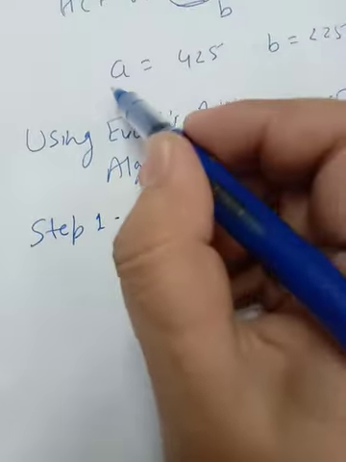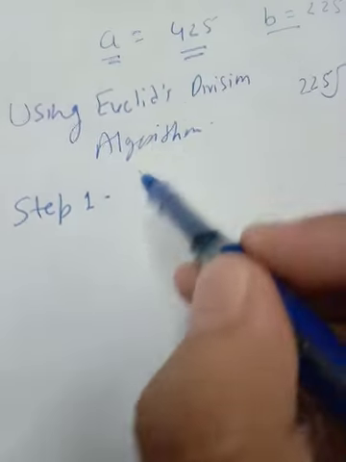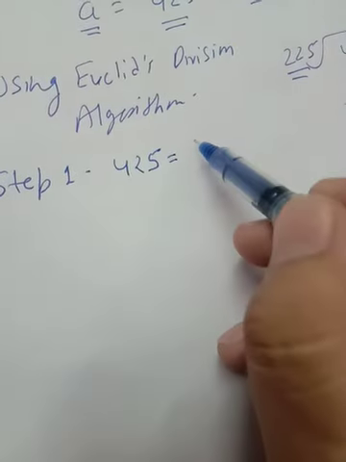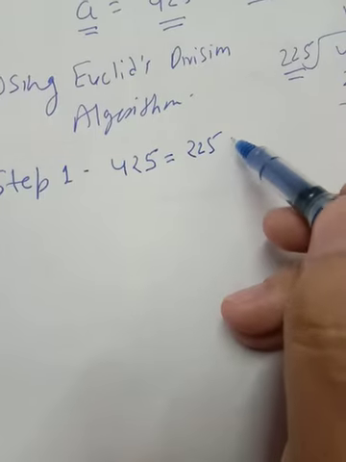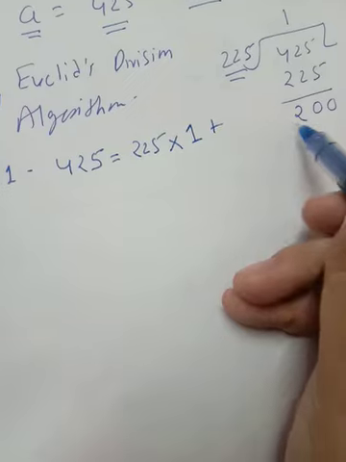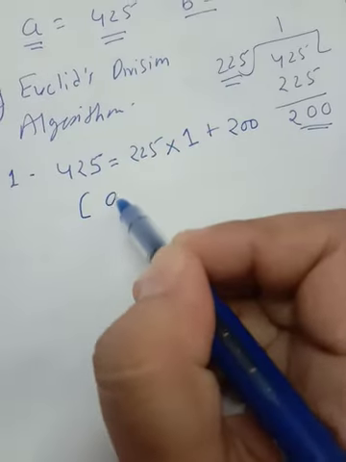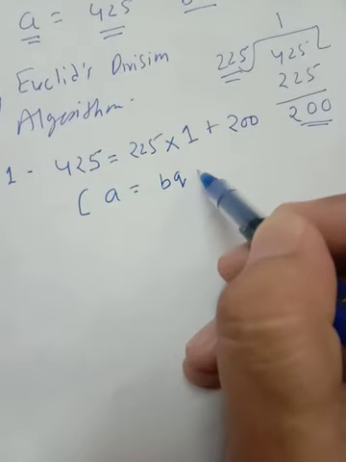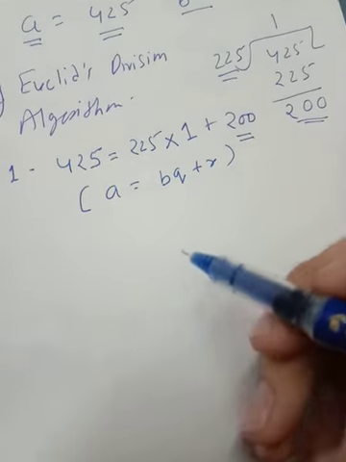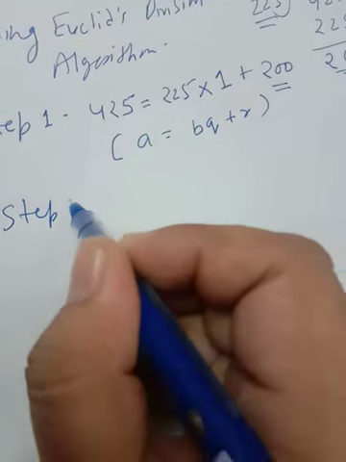You are expressing your a in the form bq + r. Here a is 425, so we can write 425 as 225, that is our divisor, into 1, that is the quotient, plus 200, that is the remainder. So we are getting a = bq + r. Since the remainder is not 0, we have to go to the next step, step number 2.